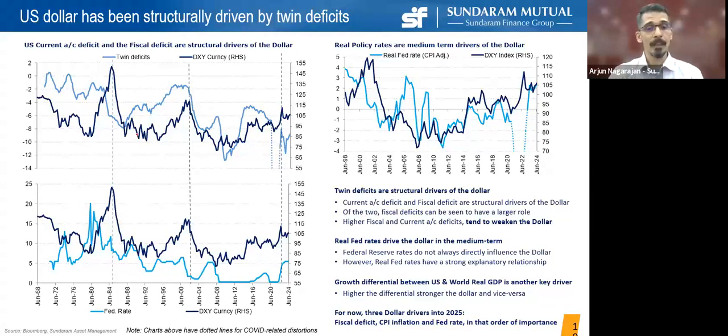Therefore, improving twin deficits lead to strengthening of the dollar index, and worsening of the twin deficits lead to worsening of the dollar index. This is a very broad structural relationship between the dollar index and twin deficits.